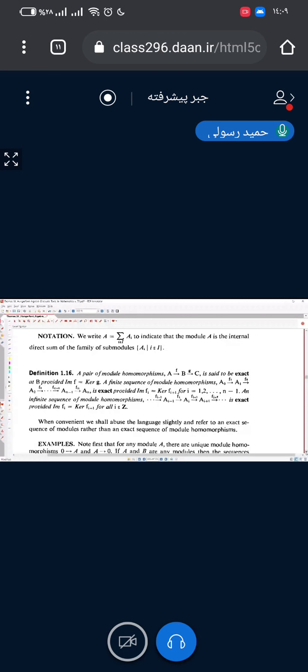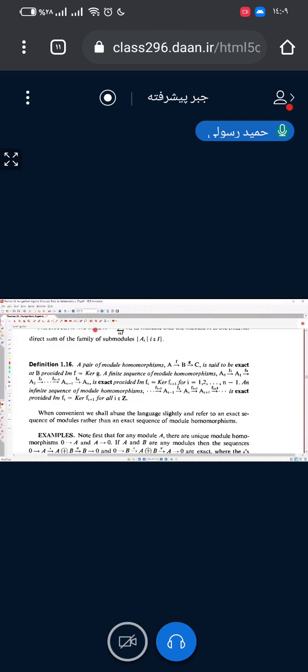Here we are going to an interesting notion which is important in the theory of modules. Definition 1.60: a pair of module homomorphisms A → B → C, with maps F and G, is said to be exact at B, provided that the image of F equals the kernel of G. Note that here we have a sequence of module homomorphisms.